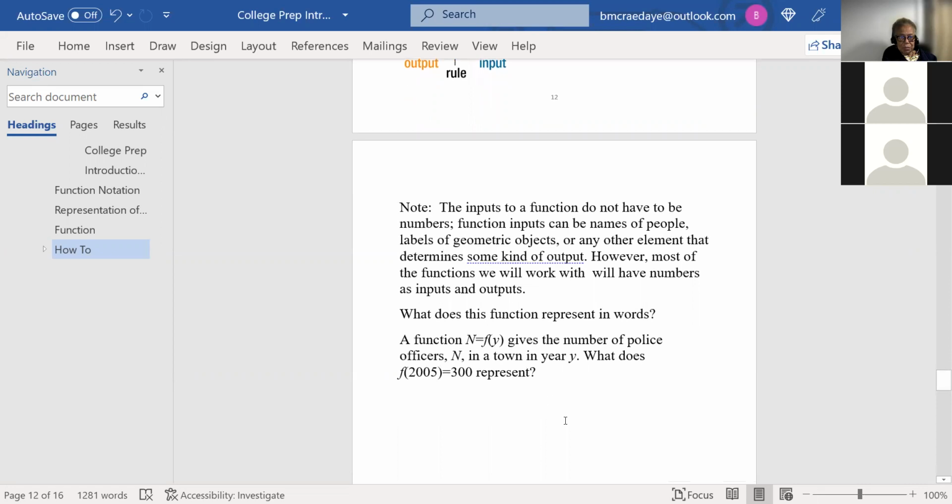F of y gives the number of police officers in a town in the year y. What does f of 2005 equals 300 represent? Just say it in words. What does that represent?